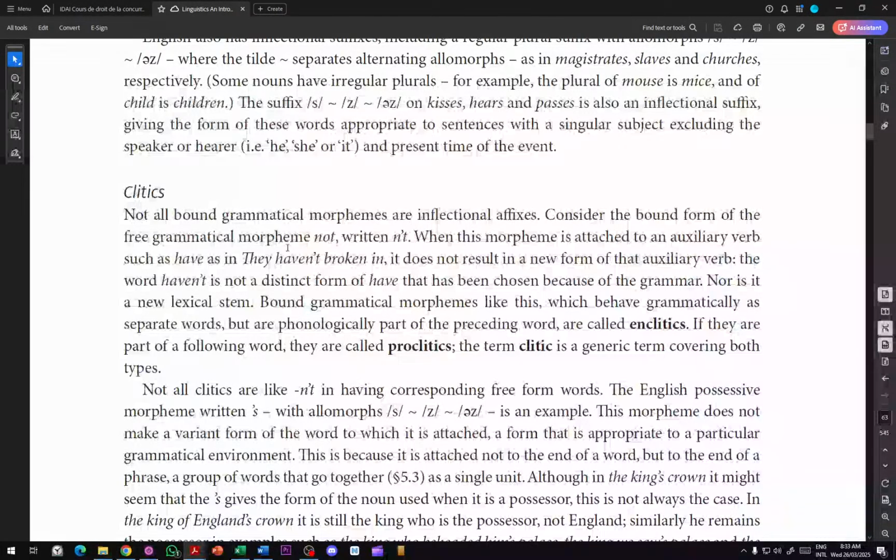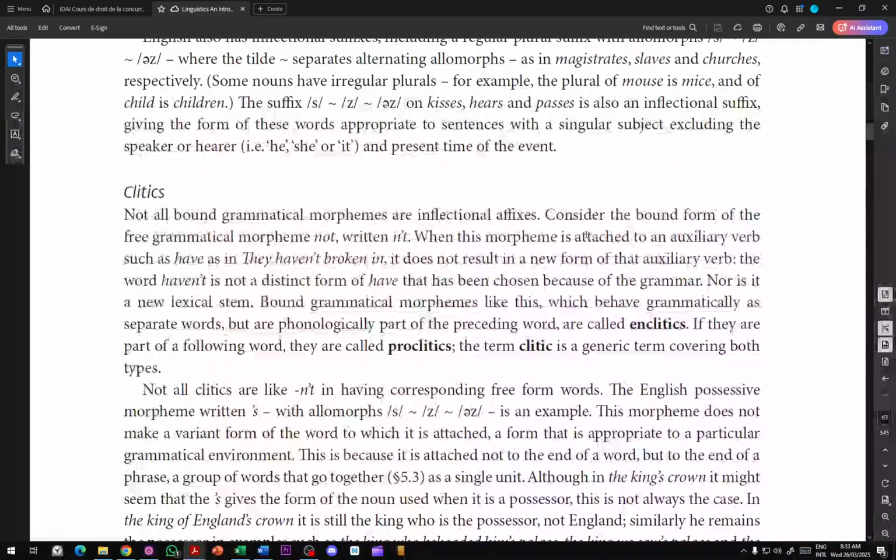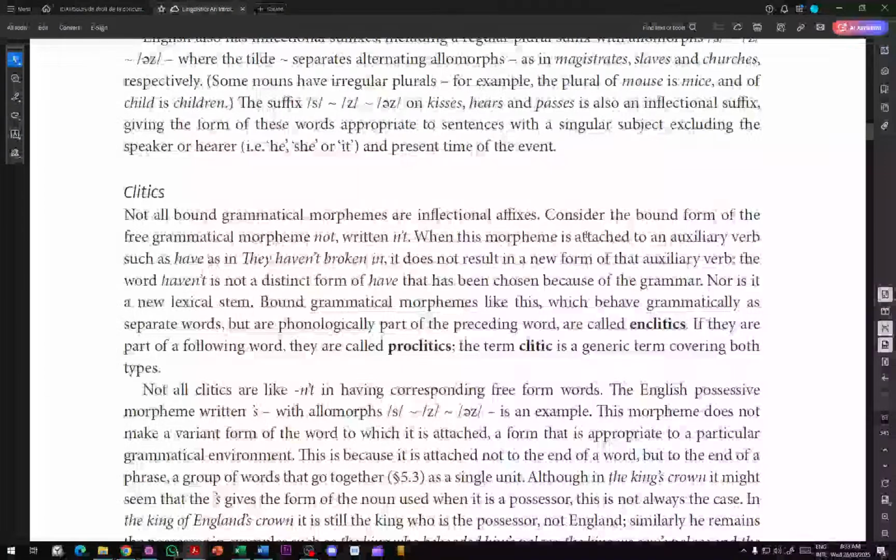Okay, now I've got it. Consider the bound form of the free grammatical morpheme. Sorry about that, that's my phone. I'll mute it.